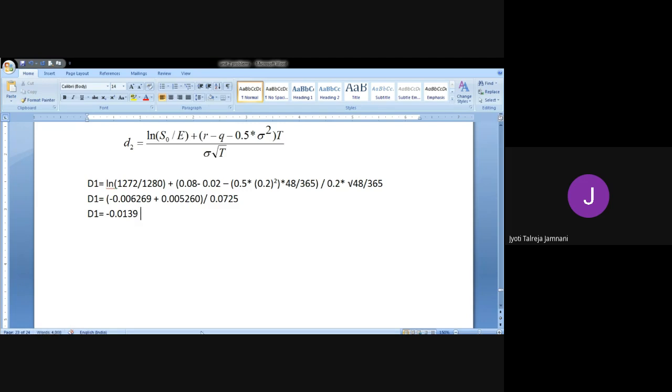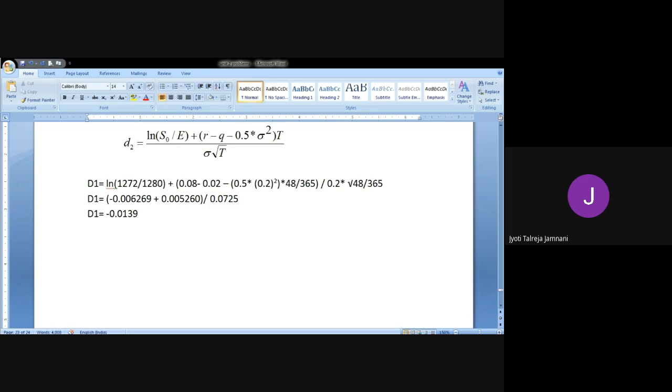Just see any other answer you're getting. Okay. Something we have done wrong here. It is 0.0948. Anybody getting this answer? 0.0948.